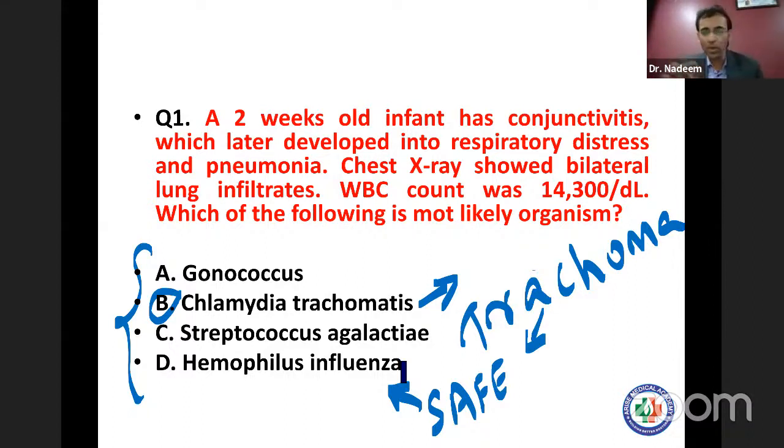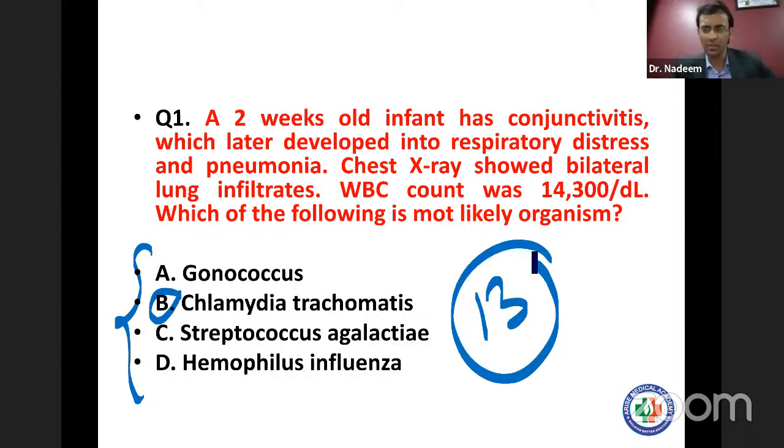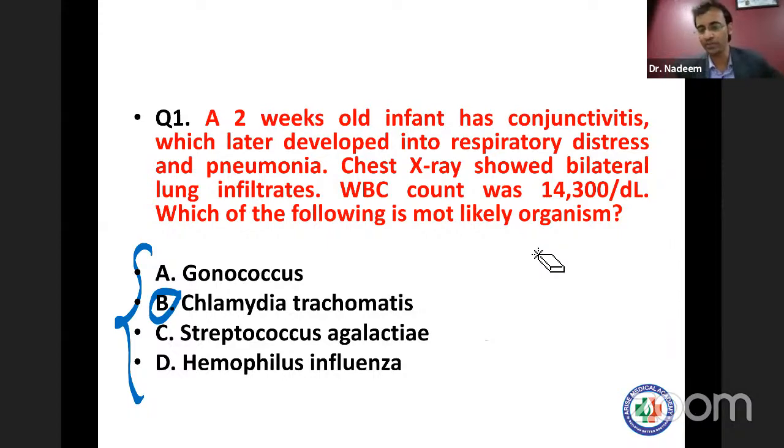How are you able to correlate chlamydia trachomatis to pediatrics, to ophthalmology, to respiratory medicine? Microbiology is one of the most important subjects. The minimum number of questions from microbiology in NMC as per the weightage is approximately 13. Sometimes they ask more than 15 also. I hope this question is clear to all of you.